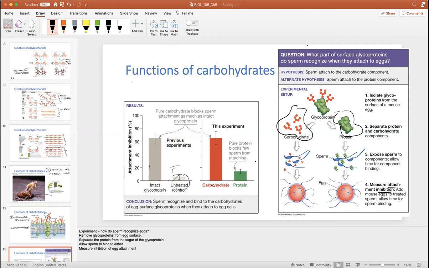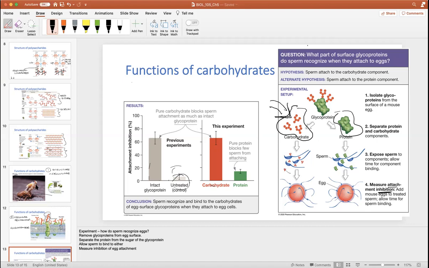So using this experimental setup, these researchers were able to determine that it's the carbohydrate that's acting as the cellular ID tag. You should be able to explain this experiment to me and explain how they reached the conclusion that carbohydrates are functioning like a cellular ID tag.